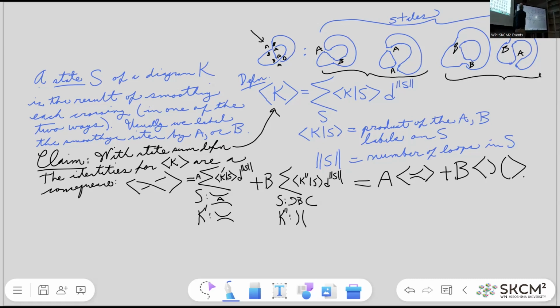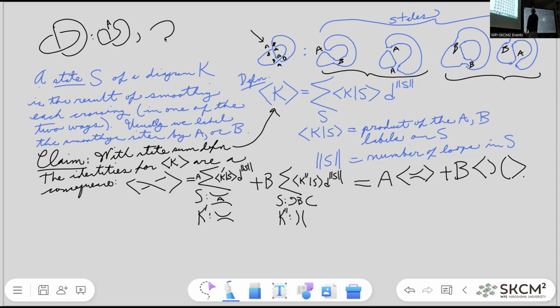And if you were thinking about the link, then you are thinking about the A smoothing of the link, which is like that. And you're thinking about the B smoothing of the link. Looks like that. And I'm just thinking about it in a slightly different way.